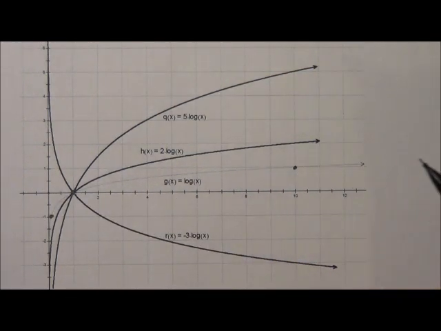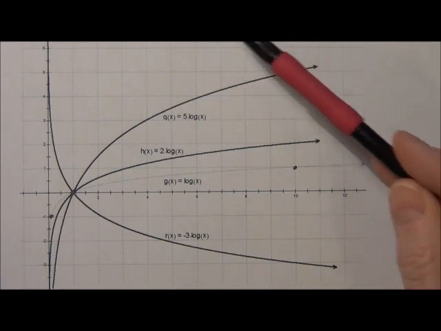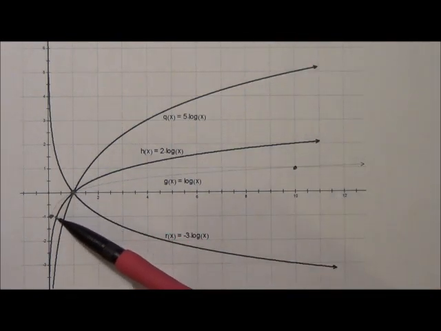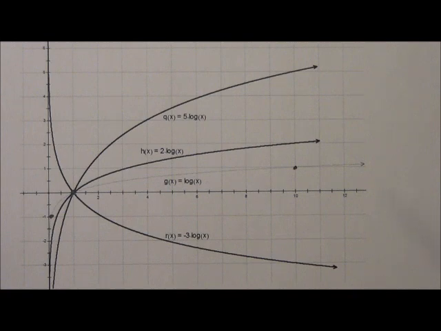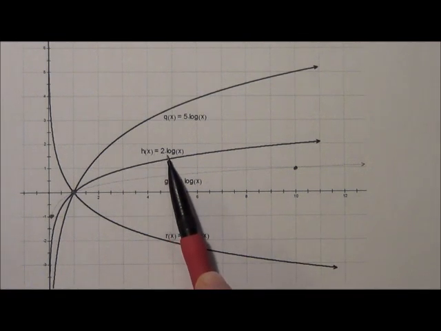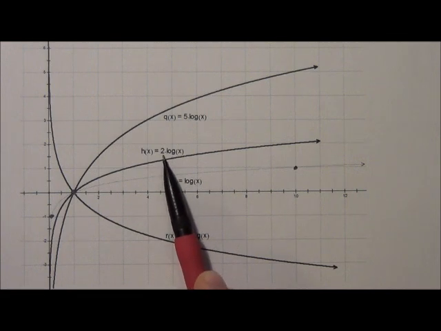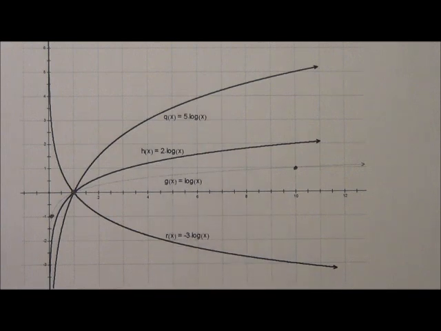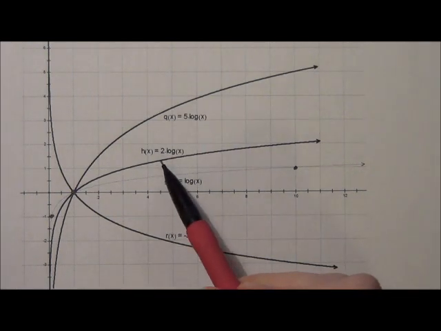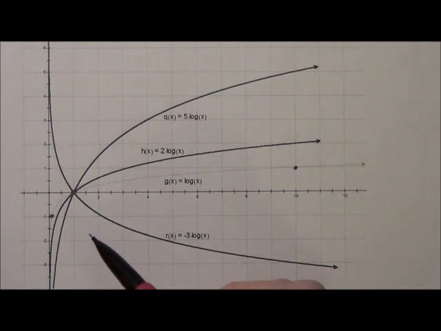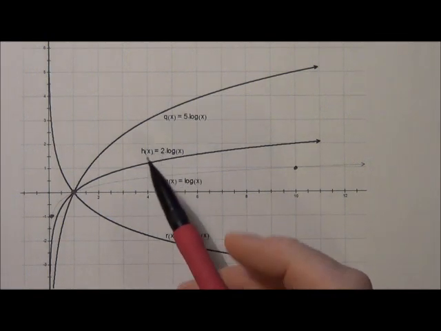For a vertical stretch or compression, we want to take a look at these 3 points to see what happens to them. So if we take a look at this function y equals 2 log x, what does the 2 do to a logarithmic function, or basically any function when we're dealing with transformations? That 2 will multiply all the y values by 2.